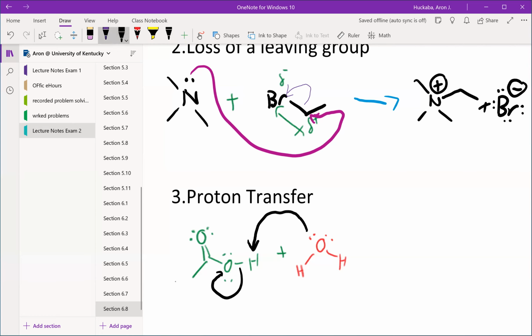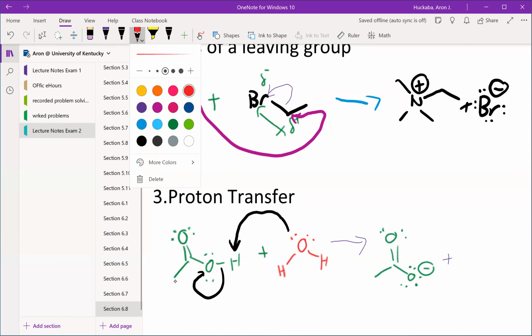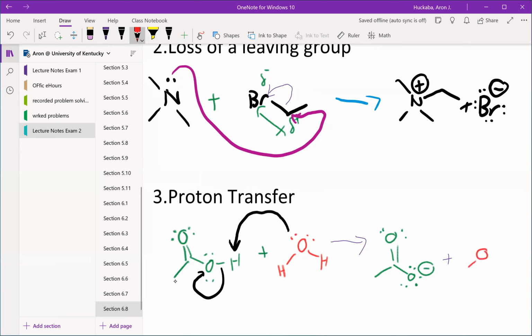When that happens, our products here are the acetate ion. There we are. And the hydronium ion. There we are.